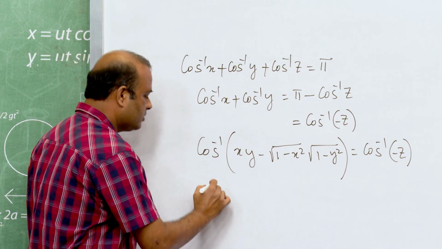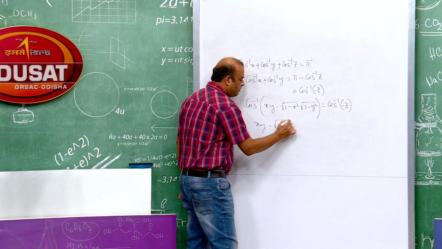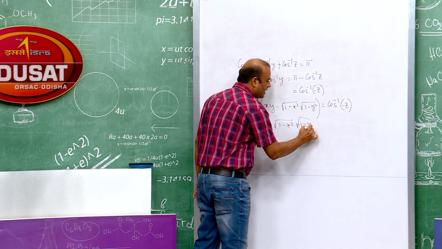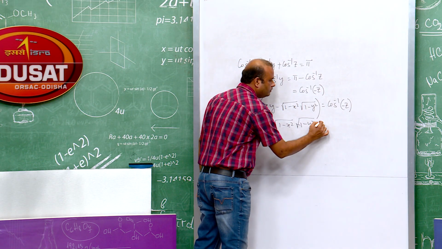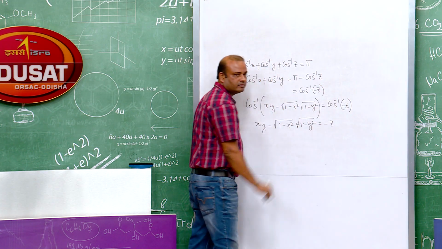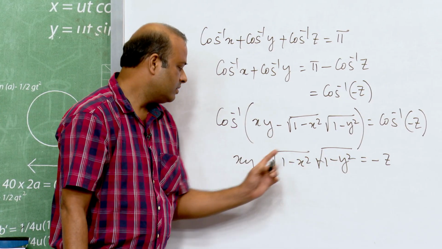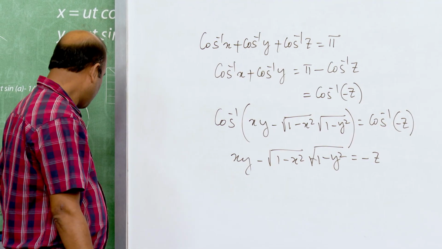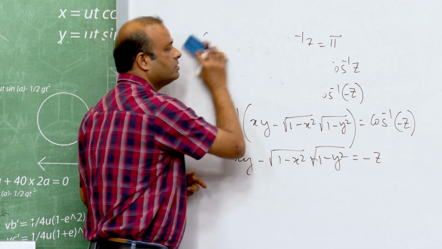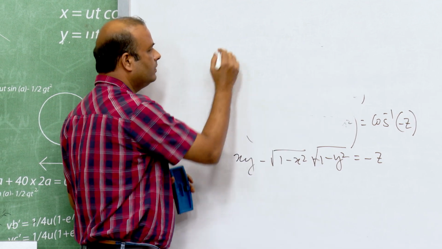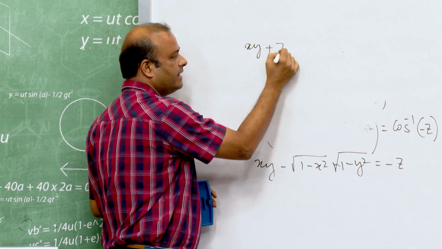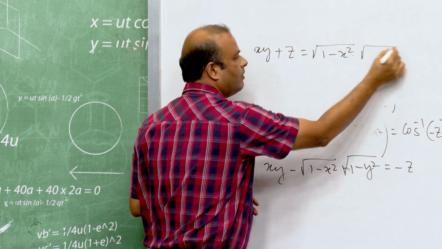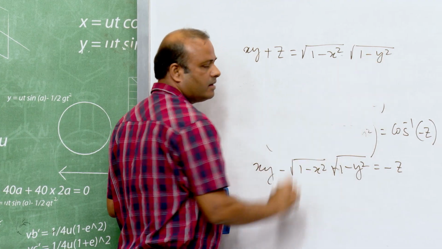So now xy minus root over of 1 minus x square, root over of 1 minus y square is equal to minus z. So take z on this side to eliminate the root over. So now xy plus z is equal to root over of 1 minus x square, root over of 1 minus y square.